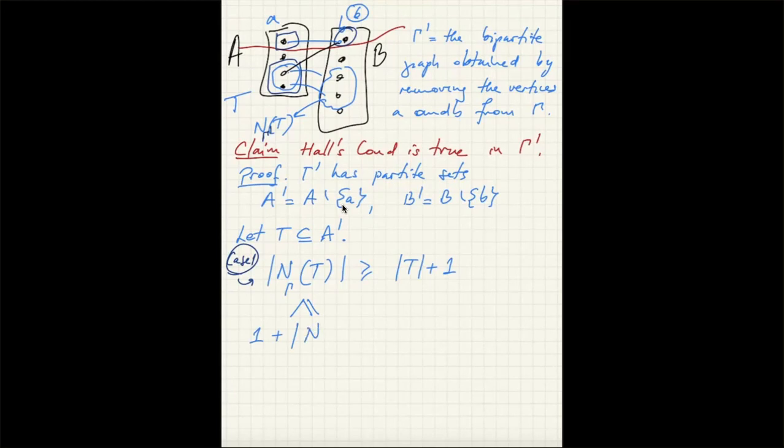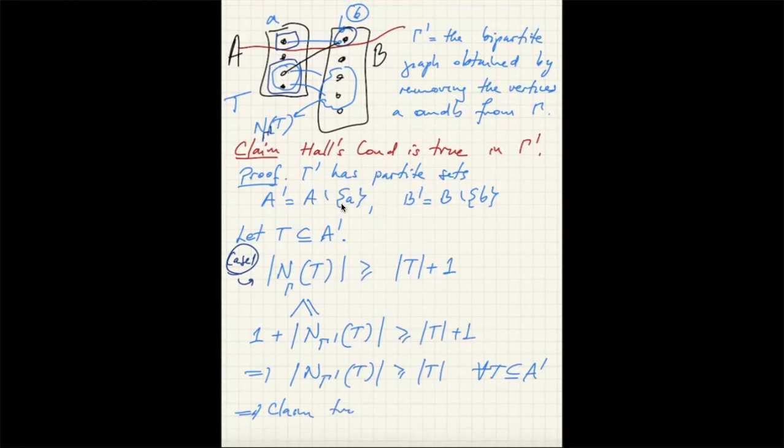So we end up with this expression being greater or equal than cardinality of T plus 1, which means that the neighborhood of T in gamma prime is greater or equal to T for any T a subset of A prime. So that implies that our claim is true.